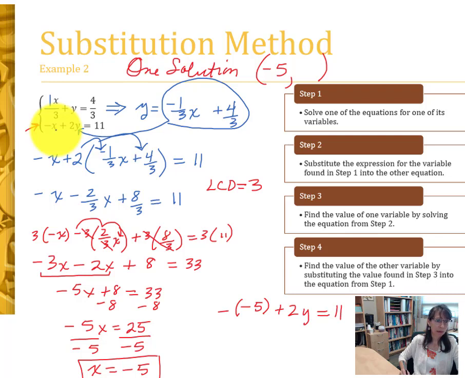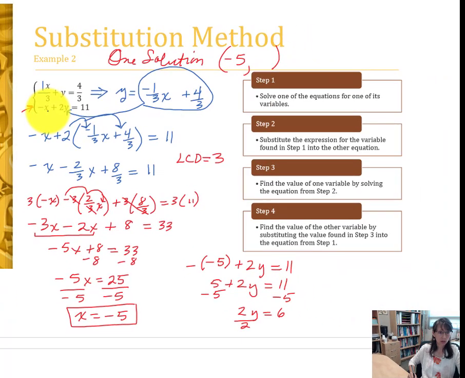So right off the bat, we have something difficult. Negative x means negative multiplied by the x value. And our x value happens to be another negative number. So negative times negative gives us 5 plus 2y equals 11. Subtracting 5 from both sides of our equation, we end up with 2y equals 6.